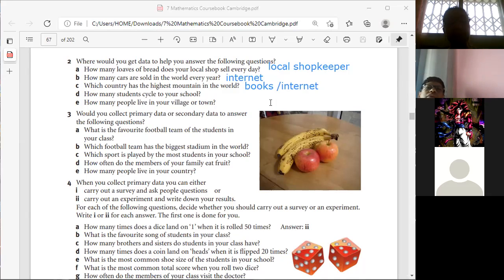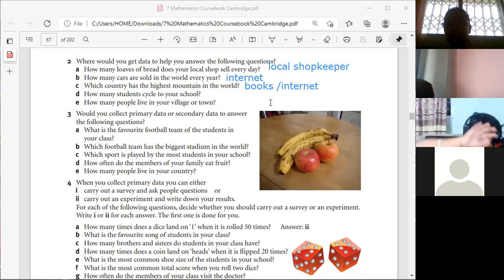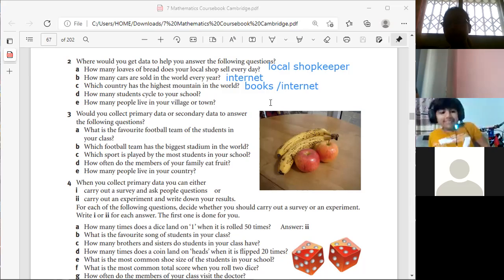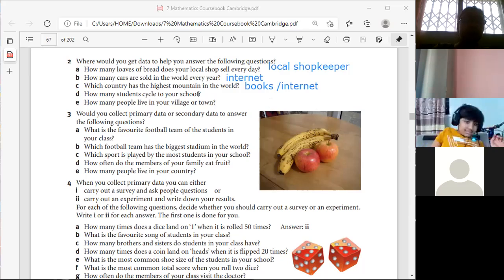Get up, wake up early and be the first one to school, stand there and count how many students cycle to your school, right? Yes, that can be one very fantastic idea. Otherwise, what we can do is survey. Can I write survey?